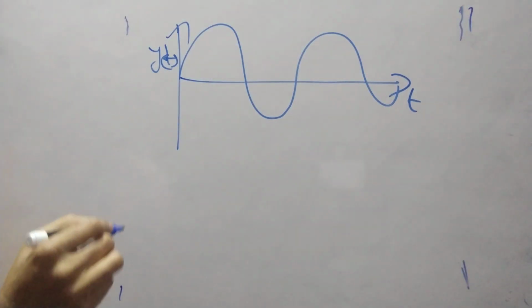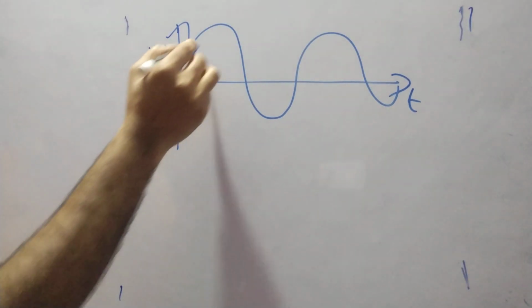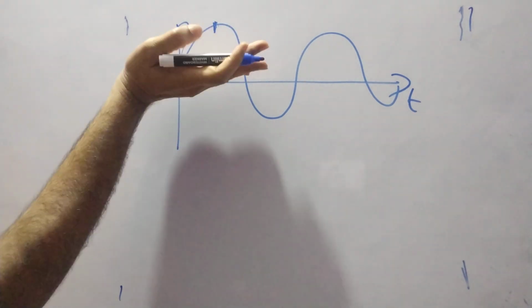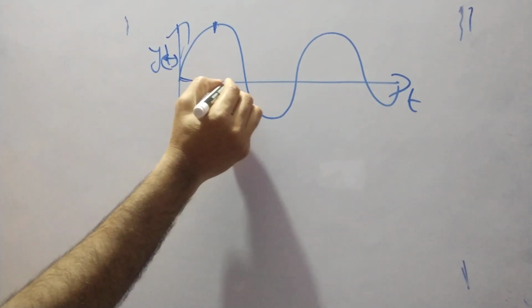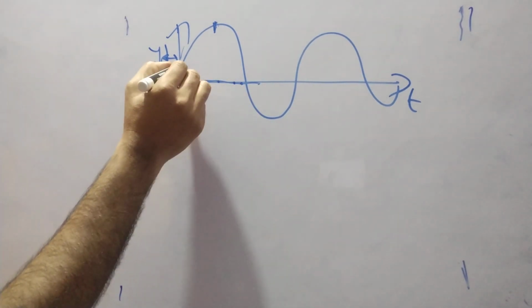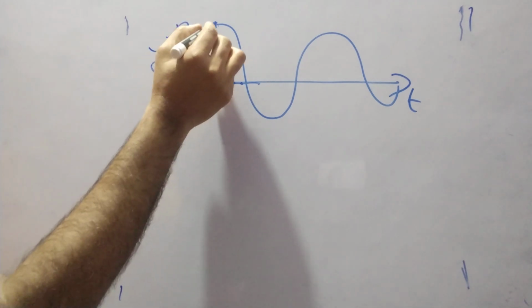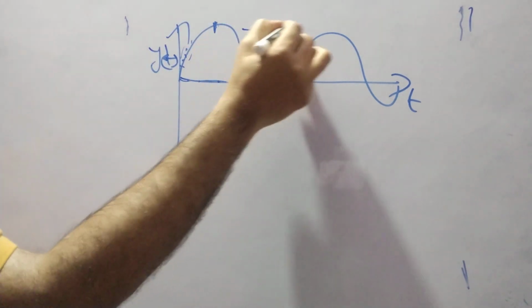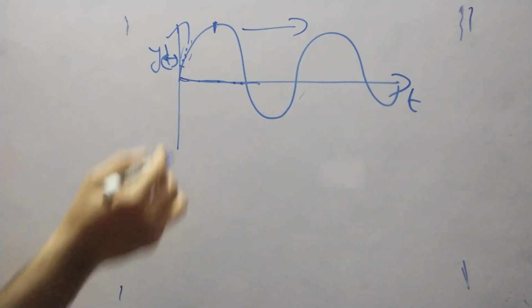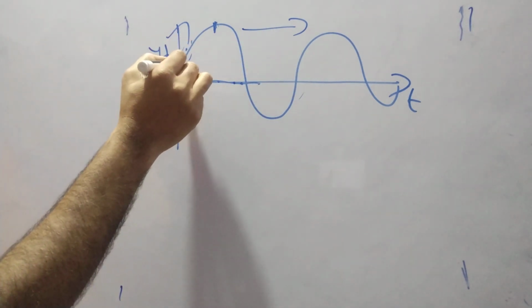The line is known as the mean position line, where the particles are at rest and vibrating, and in a propagating wave like this it is known as a transverse wave.